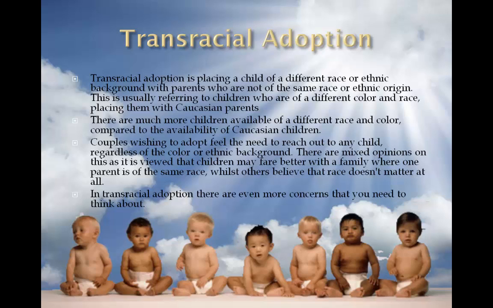Couples wishing to adopt feel the need to reach out to any child, regardless of the color or ethnic background. There are mixed opinions on this, as it is viewed that children may fare better with a family where one parent is of the same race, whilst others believe that race doesn't matter at all. In transracial adoption there are even more concerns that you need to think about.